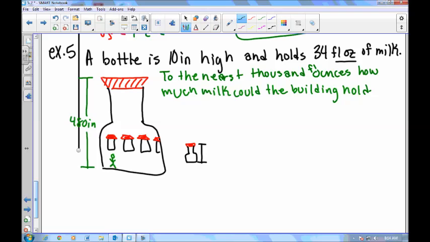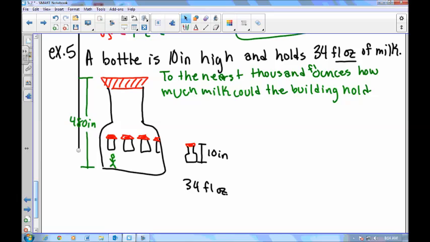Guys, how tall is that milk bottle? 10 inches. And what else do we know about this milk bottle? It holds 34 fluid ounces. Now think about when you put milk in a bottle. If you pour milk into a bottle or even a cup, does it expand out flat, two-dimensionally?